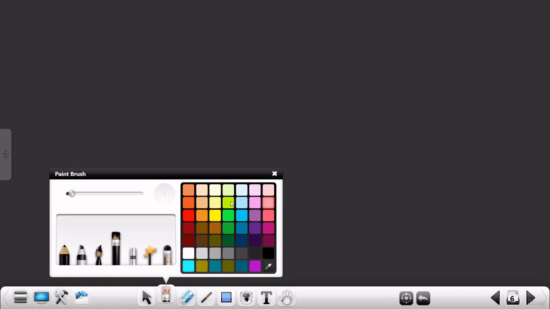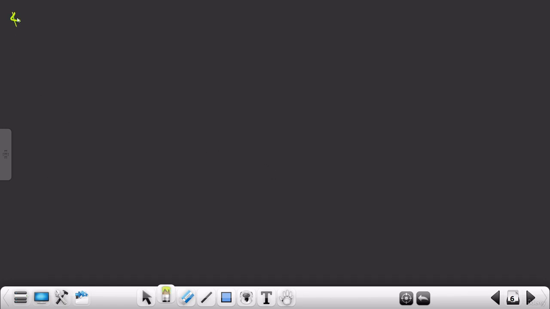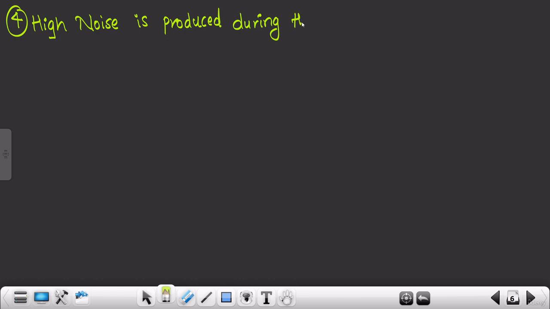Let me write over here, fourth point: high noise is produced during the processing of analog signal. I'll write over here only signal.